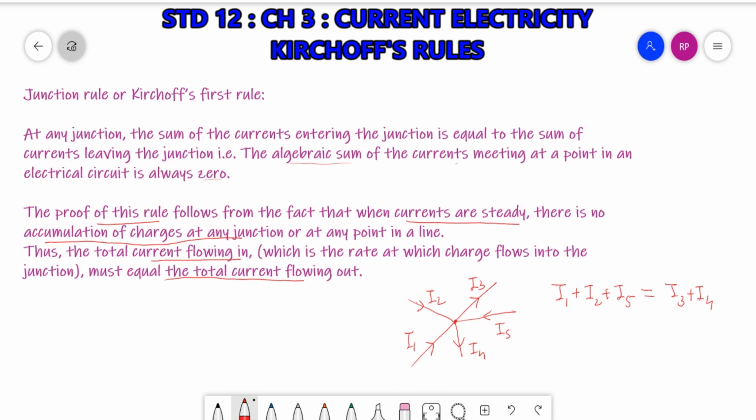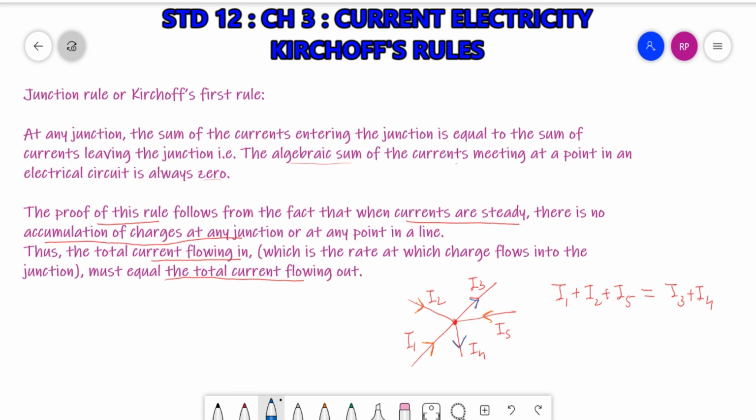Okay. See here, let's say the current moving towards the junction is positive, and that moving away from the junction is negative. Then I3 and I4 are the currents moving away from the junction, and I1, I2, and I5 are moving towards the junction. Clear?